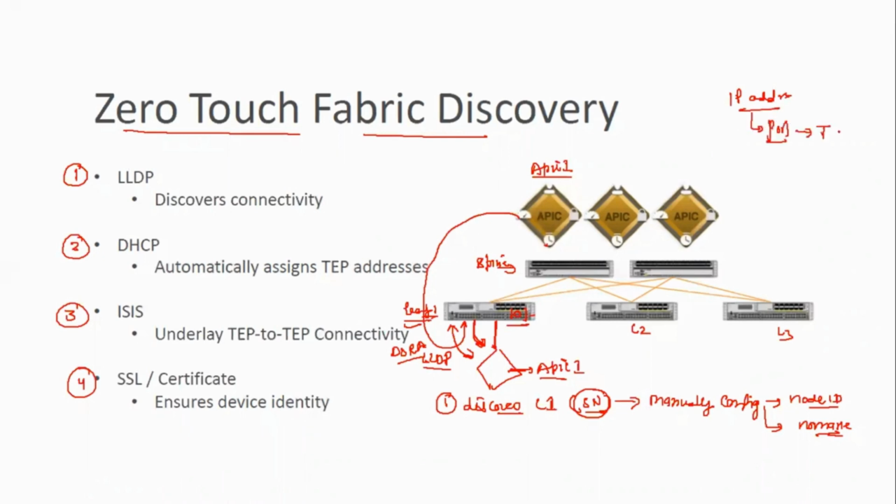We call it the TEP pool. Now you will ask where I will configure the TEP pool. As I said, when you connected the epic, you have to do the basic configuration. In the basic configuration of the epic controller, you will define the TEP pool.